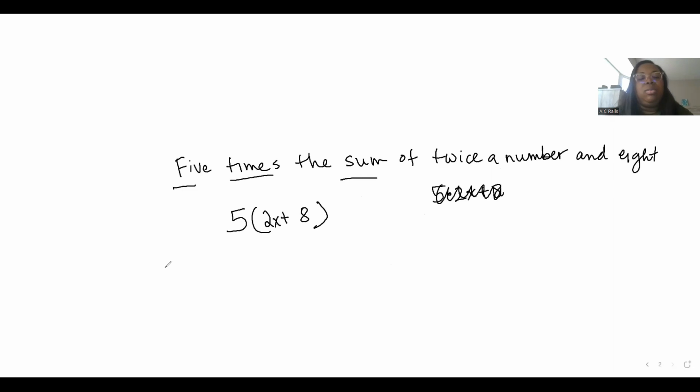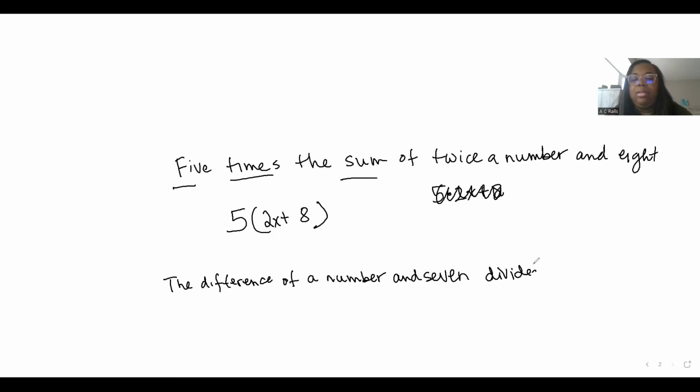Here's another example. The difference of a number and 7 divided by 14.